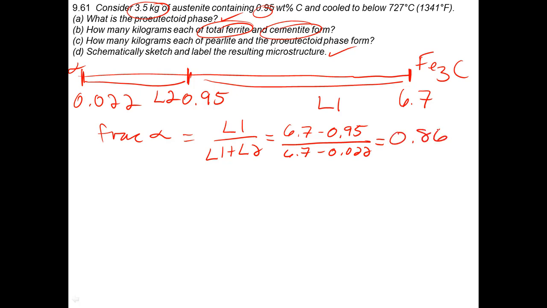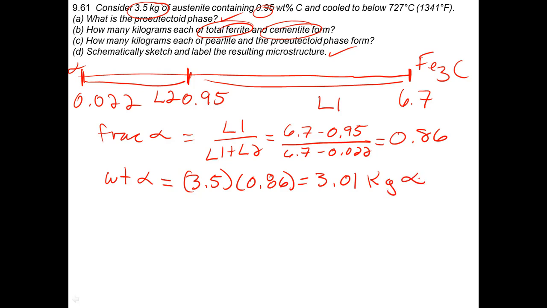Using those lengths and the values associated with them, we can calculate the fraction of total ferrite as 0.86. Now to get a weight in terms of kilograms, we take the total system weight, 3.5, times our mass fraction amount to get a value of 3.01 kilograms of total ferrite.